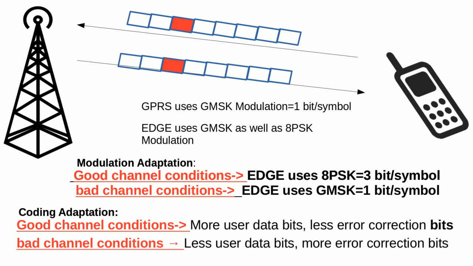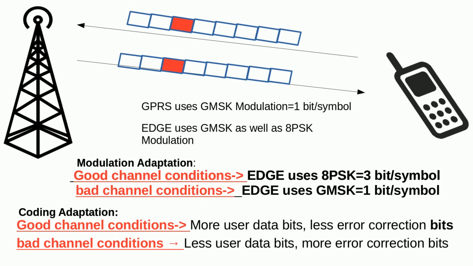This means that if we move farther away from the base station, we need more and more bits for the error correction, so the user data bits in a time slot would decrease. So this is known as channel adaptation, that we try to make use of good channel conditions to have enhanced or higher data rates when we are, for example, near to the base station.